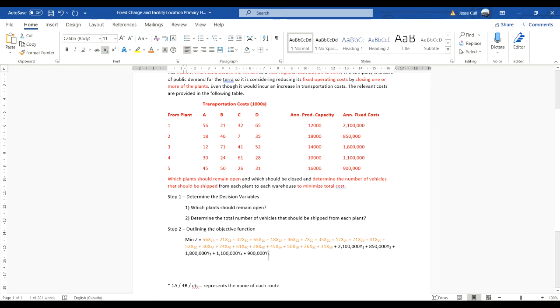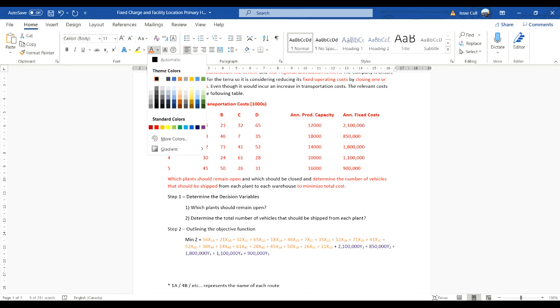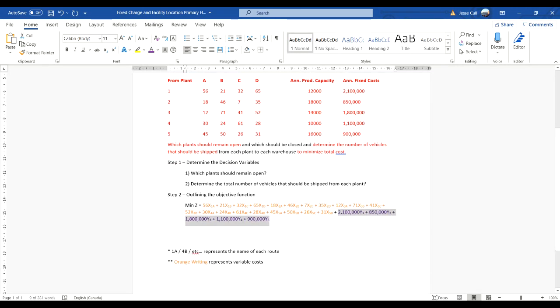So each of these represents the choice of that factory remaining open. We're now in a situation where we've represented all our total costs. So let's highlight this information here. We'll make it a different color. Let's say purple. And we'll add another star.